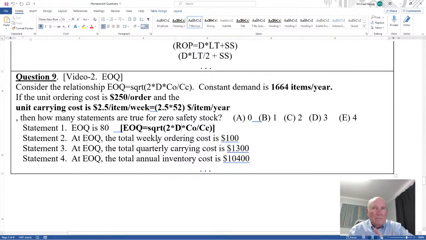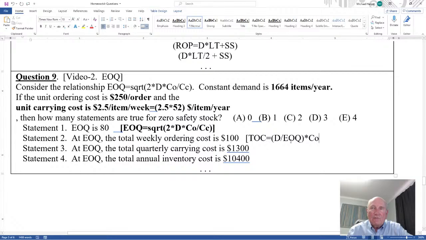Okay. Now remember, the total ordering cost equals D over Q, D over EOQ in this case, times C sub O. So we're going to have EOQ up here.